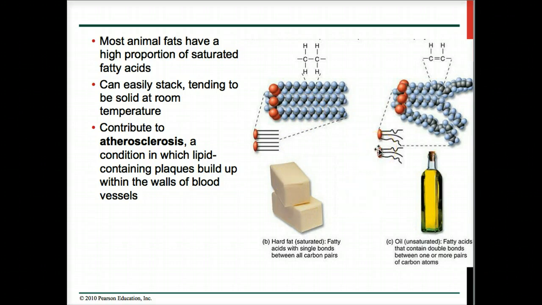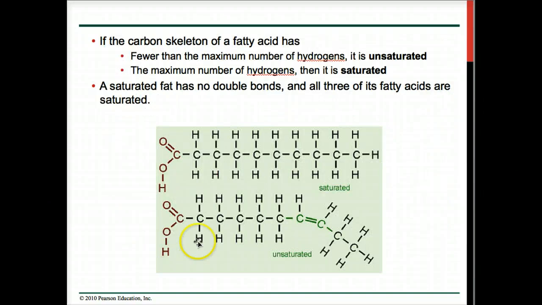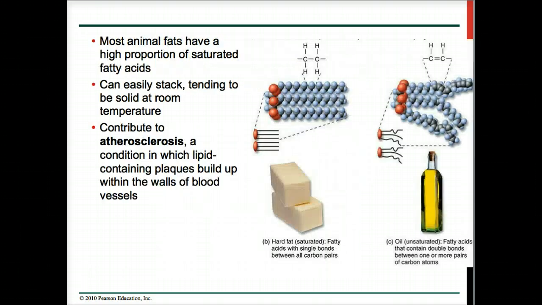When there is a double bond, as we just saw, there's a kink. It causes that fatty acid chain to kink or to bend. Notice here's the bend. When it bends, they can no longer line up nice and tight. They can no longer form a solid, and they form a liquid instead.